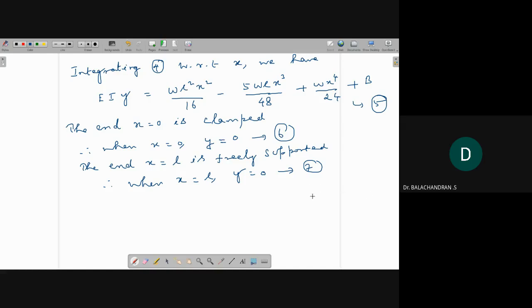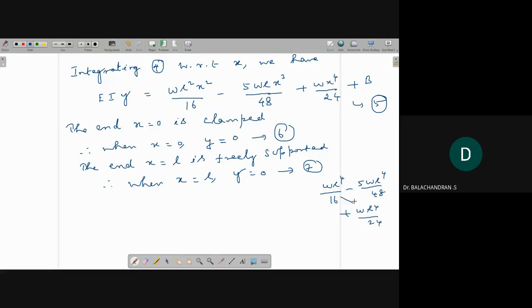This is what? Omega L power 4 by 16 minus 5 omega L power 4 by 48 plus omega L power 4 by 24.